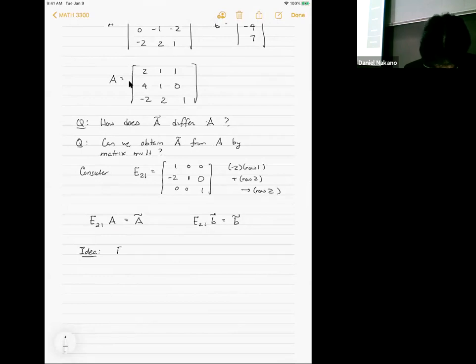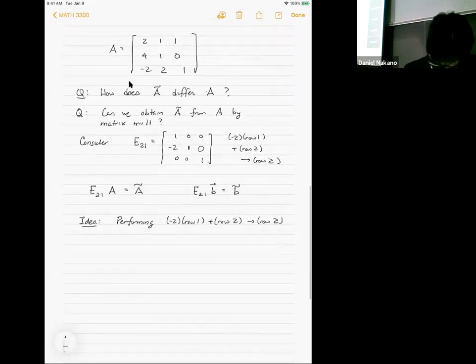Performing -2 times row 1 plus row 2 being inserted into row 2 is equivalent to multiplying AX equals B on the left by the matrix E21.